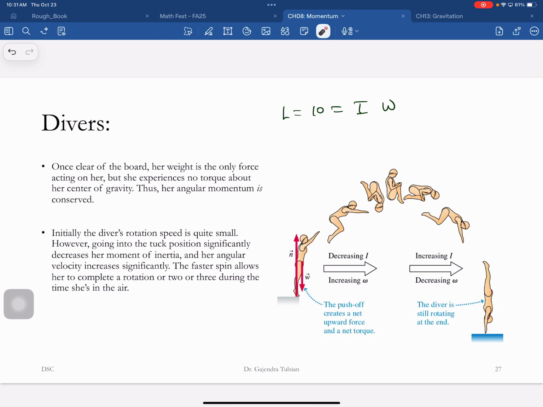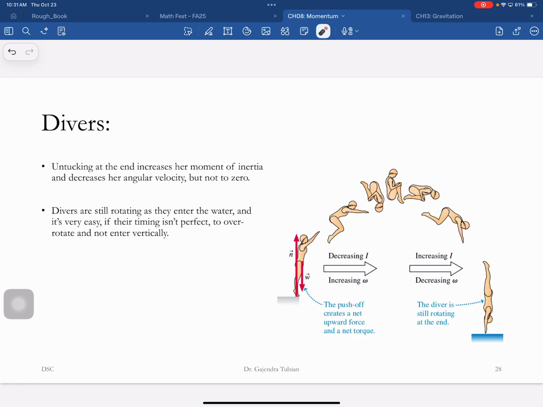So when you go into the tuck position, you decrease that and you increase that. The faster spin allows her to complete however many rotations you want during her time in the air. And then when you're ready to go into the water, you untuck yourself and you increase that and you decrease that.